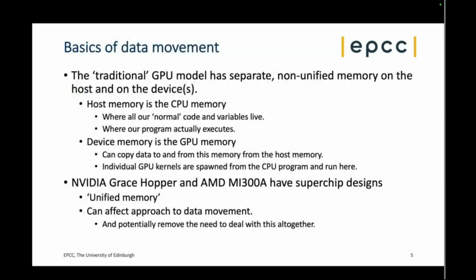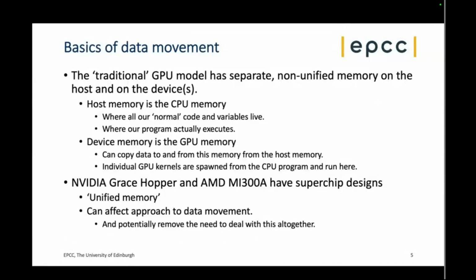Okay, so data is different depending on whether you are on the host or on one of the devices. A device has its own memory space. The host is essentially the CPU. That's where a normal program without any support for GPU normally runs.